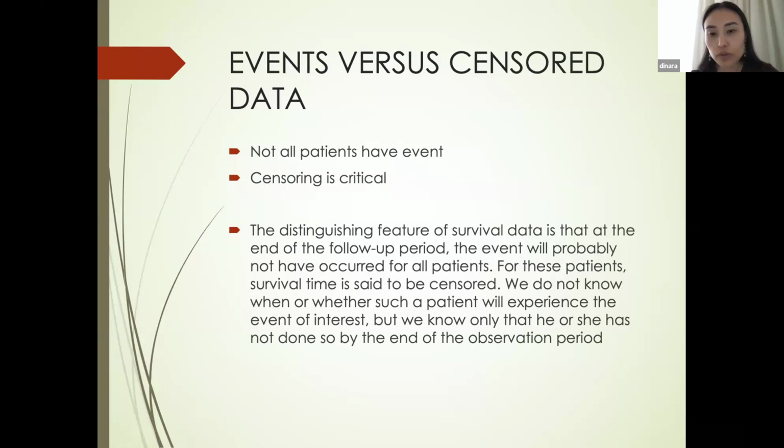During the observation period, the censoring happens when the patient didn't experience the event, and he could not experience the event. So we need to understand that during this follow-up period, we don't know if the patient developed the event or not. We only know that during this time period, the event didn't happen. And this is called the censoring.